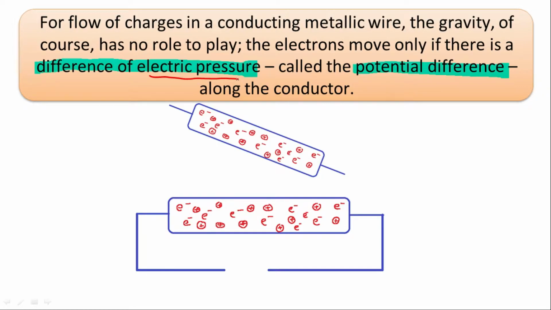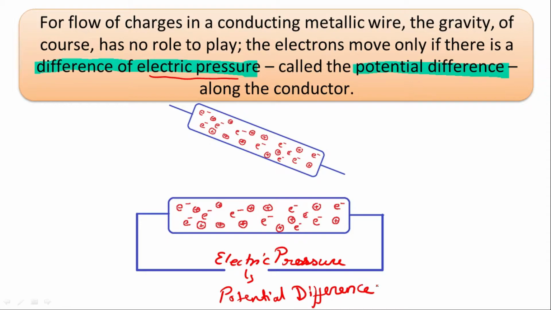In the same way, for the flow of electrons inside a conductor, there should be some sort of difference between the ends of the conductor, and this pressure difference required is electric pressure, which we call potential difference along the conductor.